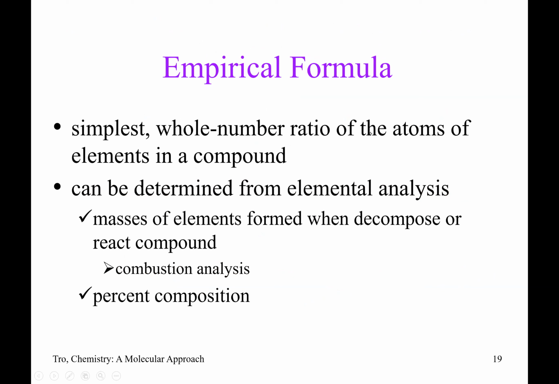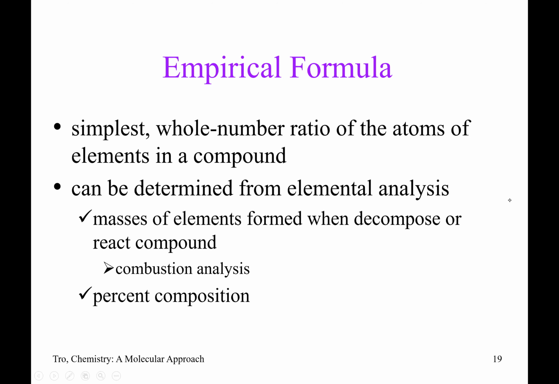Empirical formula was a question earlier. To find the empirical formula, you have the percent composition. If you have the percent composition, you are going to assume 100%, or 100 grams, because from the percent you cannot go to mole, but from mass you can go to mole.